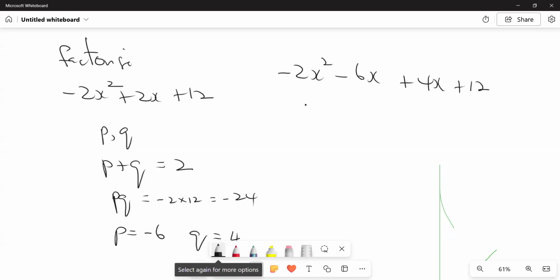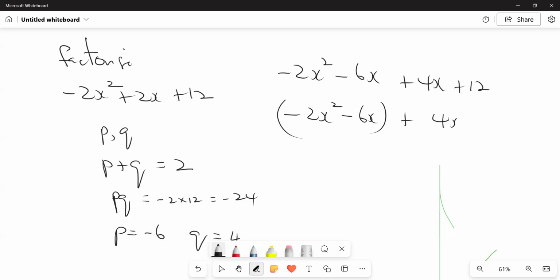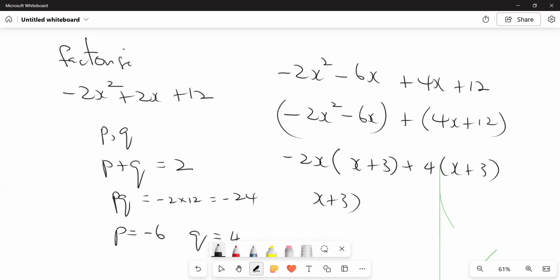So we pair them off. Down here, minus 2x is common, so we get x plus 3. And down here, 4 is common, so you get x plus 3 too. Bring this to the front, and you have x plus 3 times, I'm not going to put minus 2x plus 4, I'm going to put 4 minus 2x.